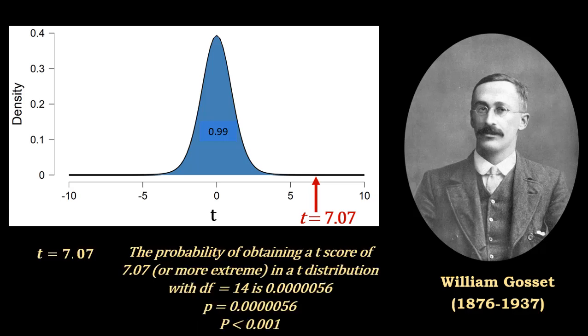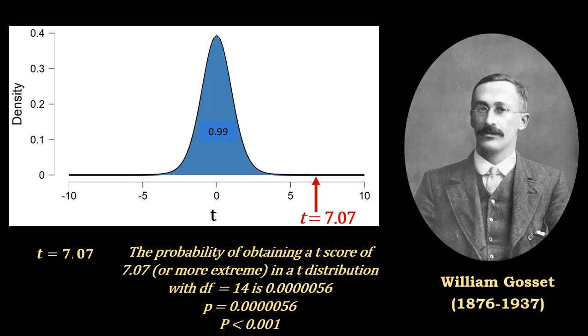So the probability of obtaining a t-score of 7.07 or more extreme in a t-distribution with degrees of freedom 14 is 0.00000056. That is, the p-value is 0.00000056. And sometimes we just say the p-value is less than 0.001.